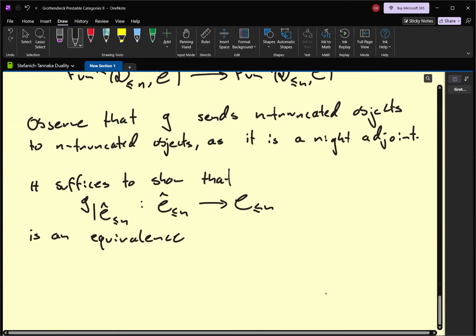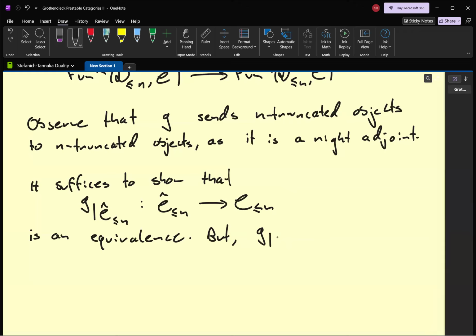But this guy is right adjoint to F restricted to C less than or equal to n, which is an equivalence, right?